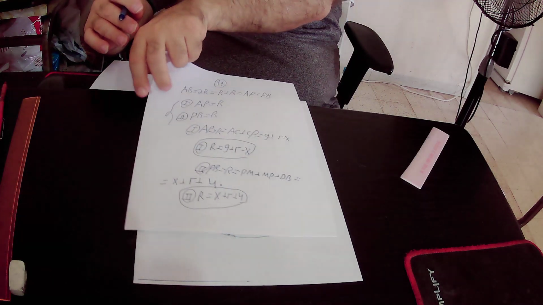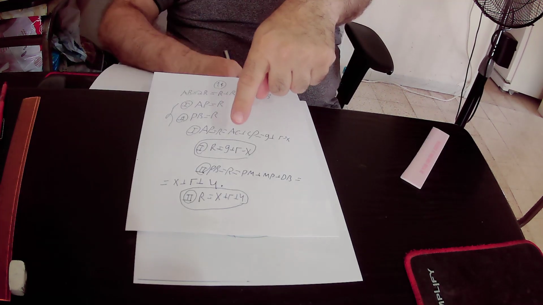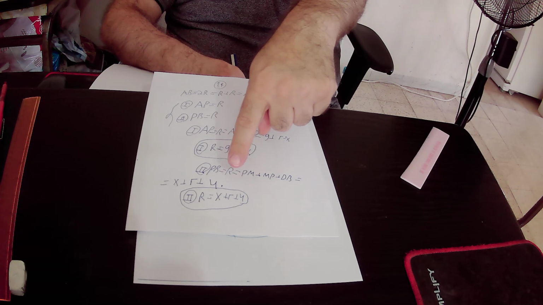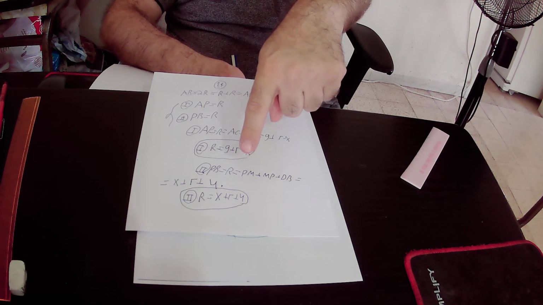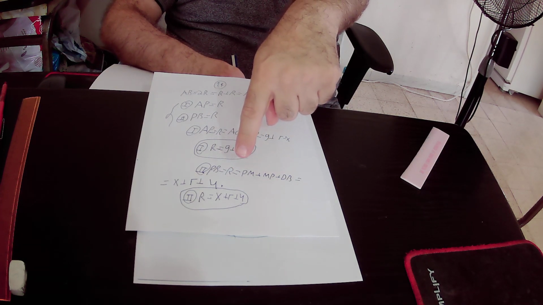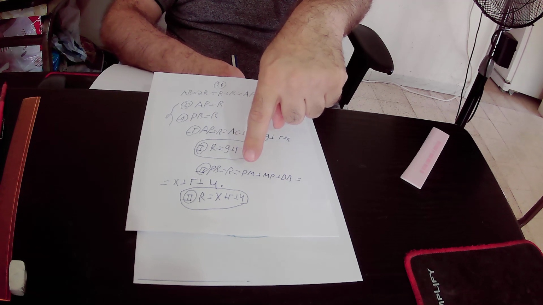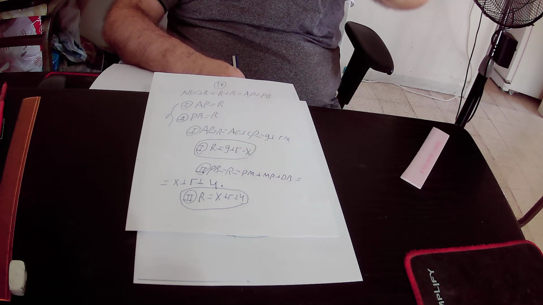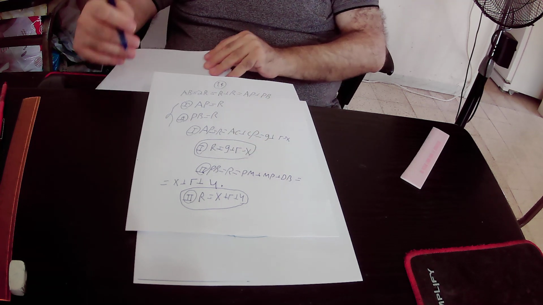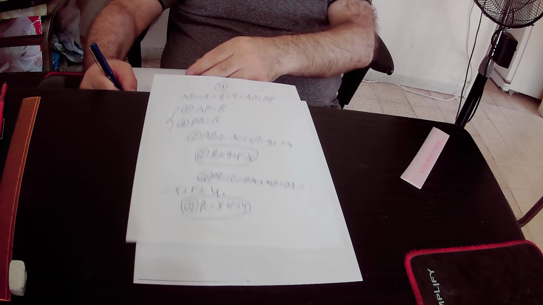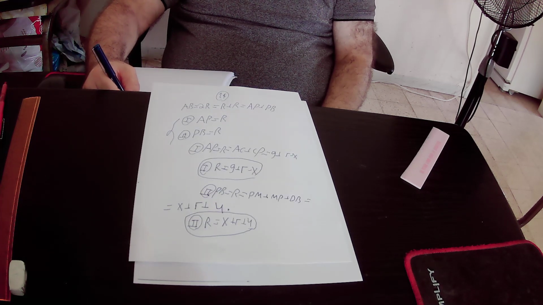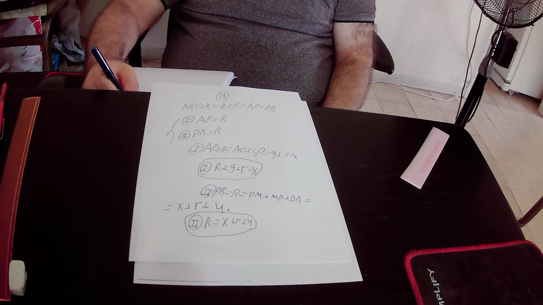So we have the first equation for the radius of the big circle. According to equation number 2, capital R equals x plus small r plus 4. So we actually have two equations for the same radius, the radius of the big circle.